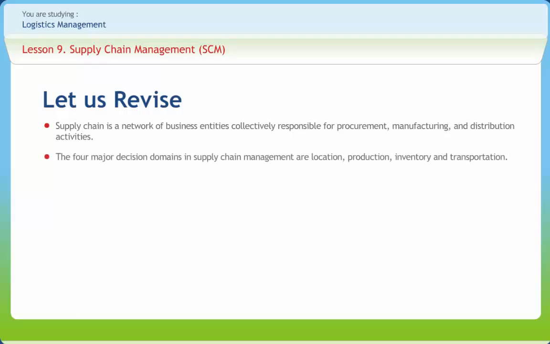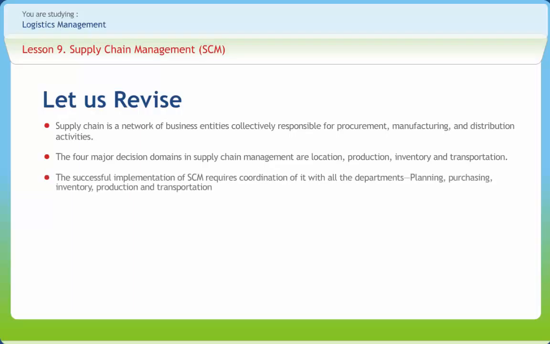The 4 major decision domains in supply chain management are location, production, inventory, and transportation. The successful implementation of SCM requires coordination of it with all the departments, that is, planning, purchasing, inventory, production, and transportation, which is enabled by using ERP application software.